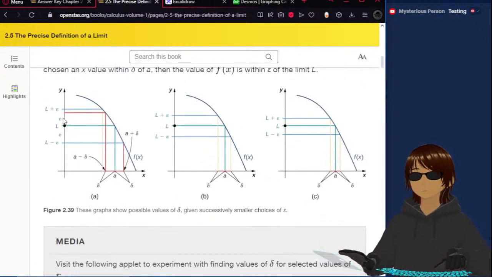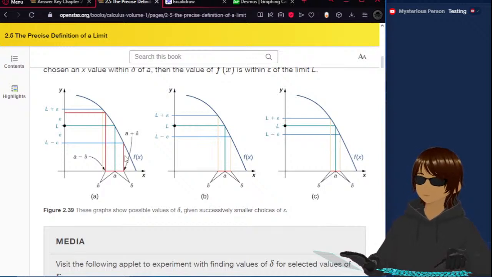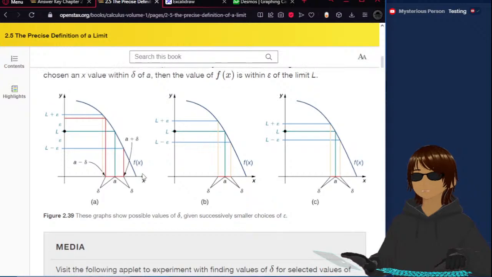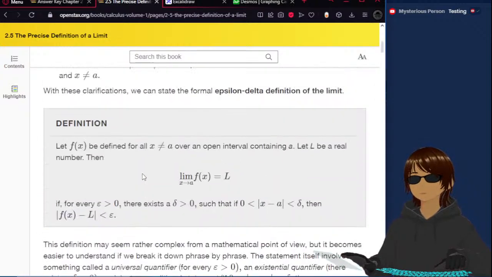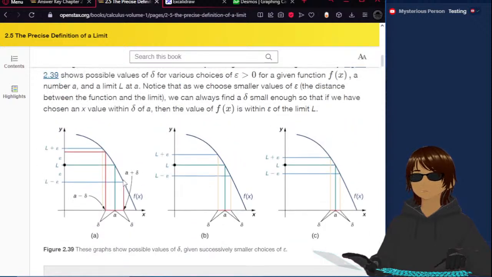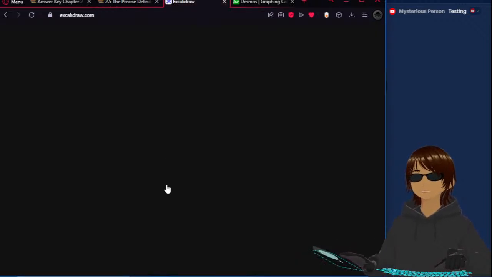If the limit at f of a is L, then any difference between L and f of x will cause a difference between a and x. But why couldn't you do it the other way around? Why couldn't you do for every gap over here, there will be a gap here? Let me think about this.